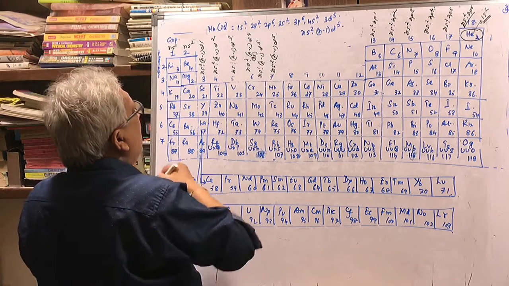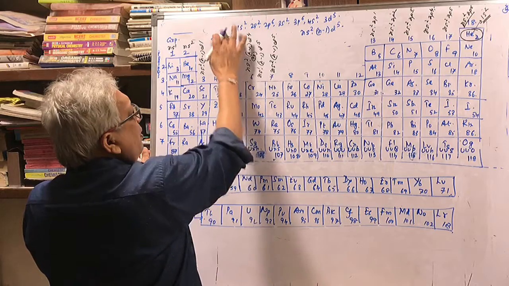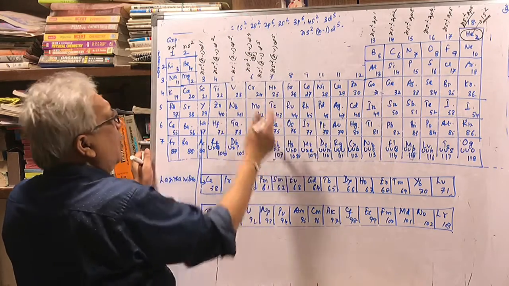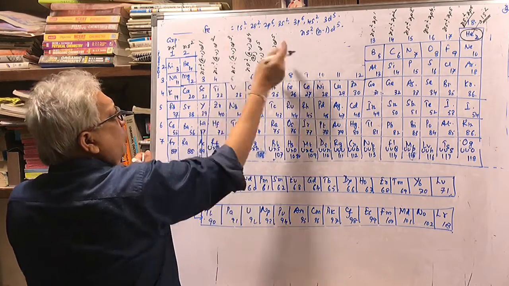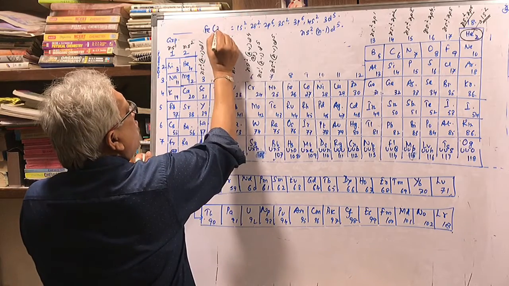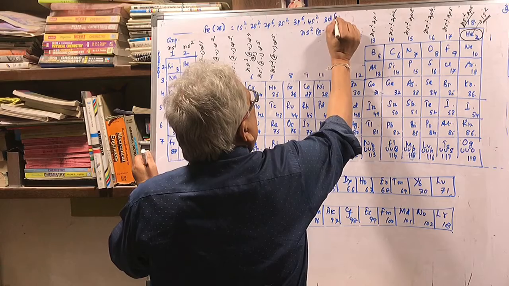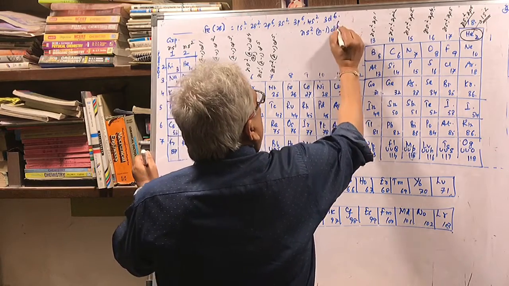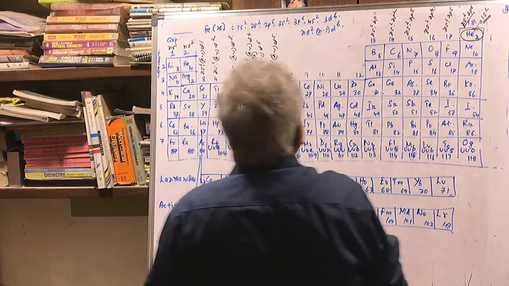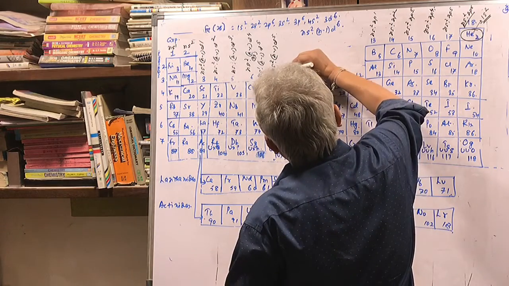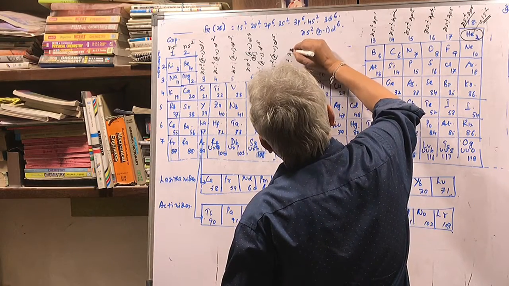Now I am coming to group number 8. Group 8, Fe. If you see Fe, the rest all come. Fe is 26, so it will be 3d6, and therefore the common configuration will be ns2 (n minus 1)d6.